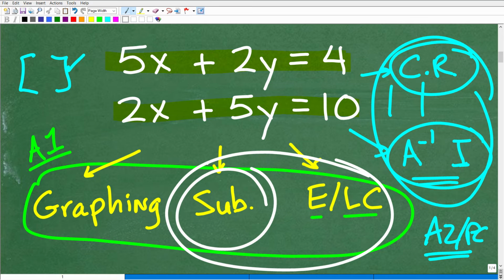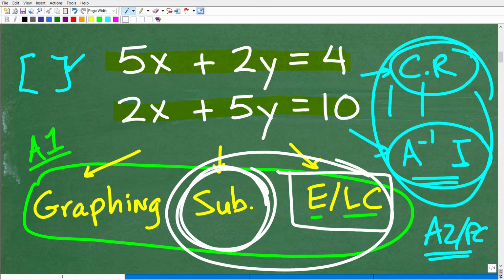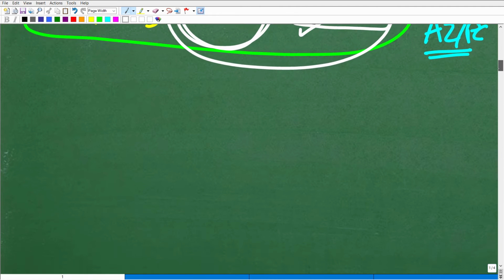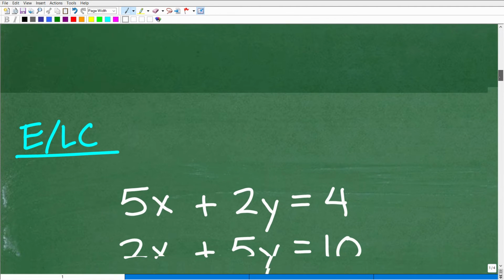That's not a good thing to do. Yes, you're getting really good at the substitution method, but you need to understand the elimination method as well. Oftentimes this is the easier method to use, and your teacher will want to see that you know both methods. So kind of mix it up, and let's take a look at this problem.